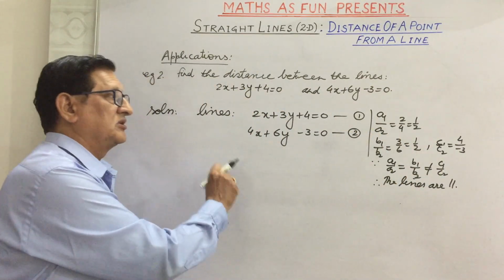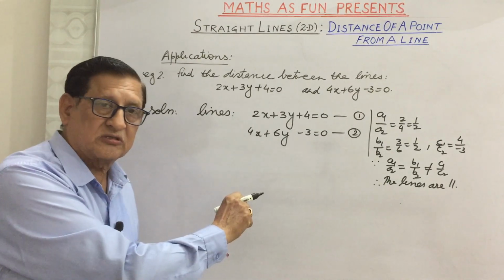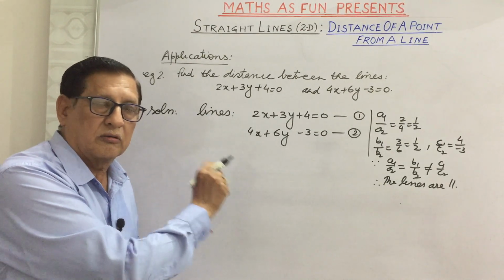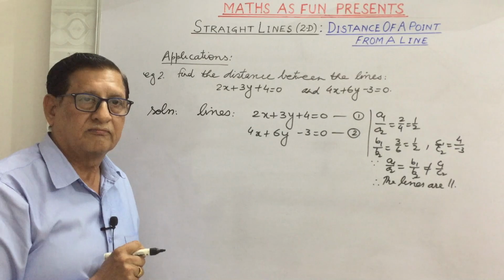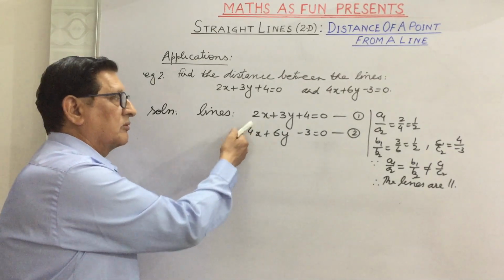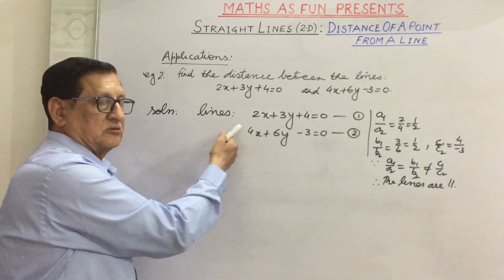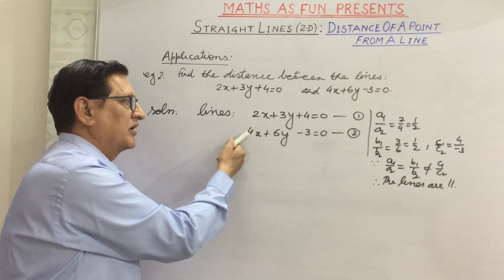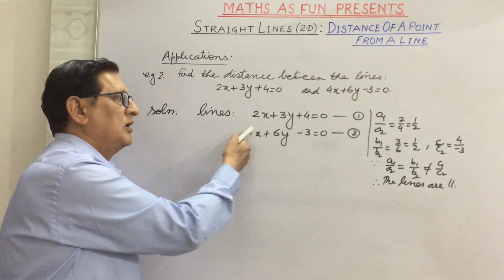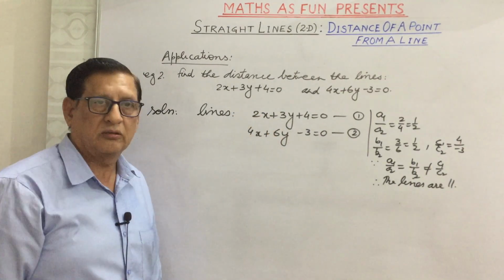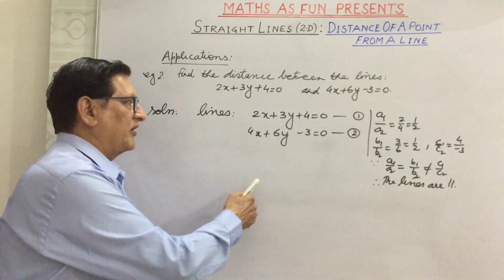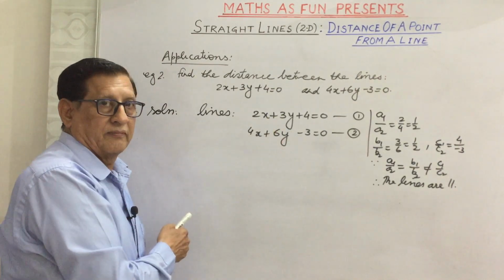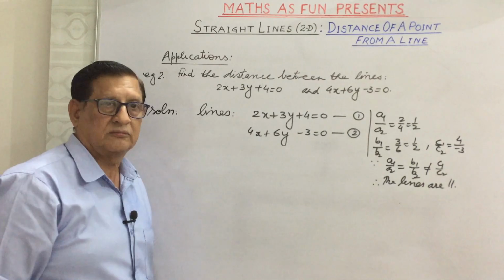To find out the distance, as I have discussed just now while going for the concept, we have to keep the coefficients of x and coefficients of y in both the equations equal. Here we find this is 2 and 3 and here it is 4 and 6.